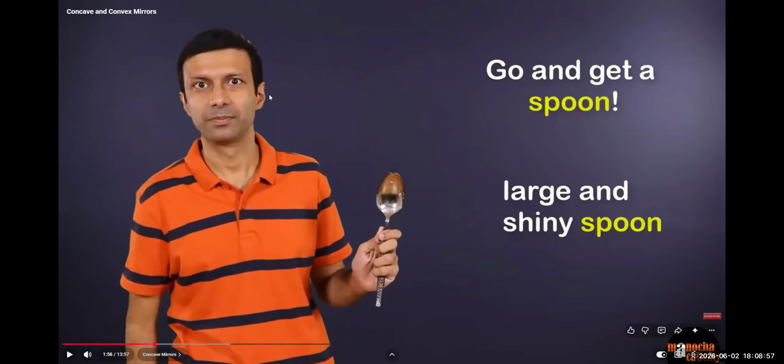Can you go and get a spoon quickly? But it should be shiny. People who can get, please bring one. Otherwise, please wait. I'll wait 2 minutes. If you can, please go and take a shiny spoon.